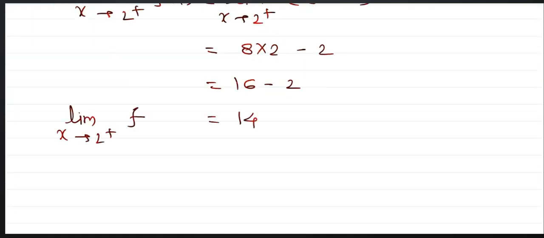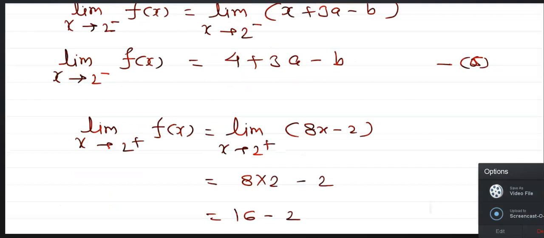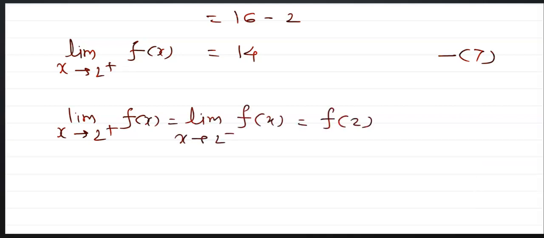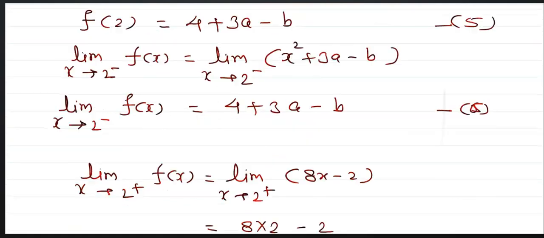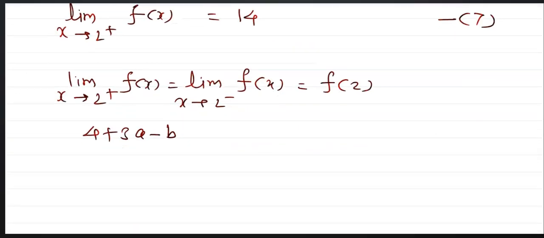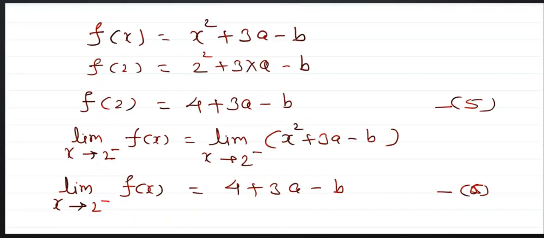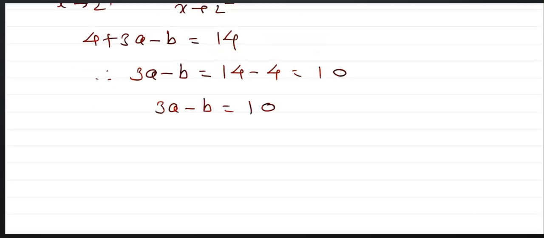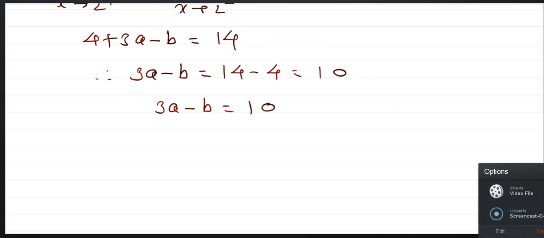That is equal to the right hand side limit, and therefore 4 plus 3a minus b equals 14, so 3a minus b is equal to 14 minus 4, that is equal to 10. Therefore 3a minus b is equal to 10.